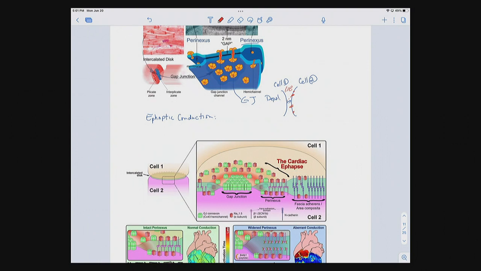So more specifically, you have a depolarizing event in cell 1, and you have voltage-sensitive sodium channels in cell 2, and the change in the electric field from depolarizing cell 1 is enough to bring the voltage-sensitive channels in cell 2 to threshold. That's a different scheme.